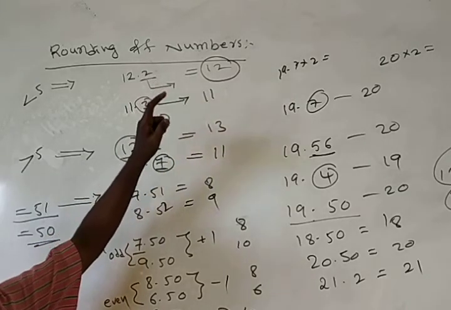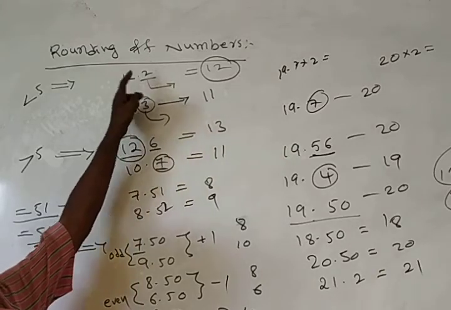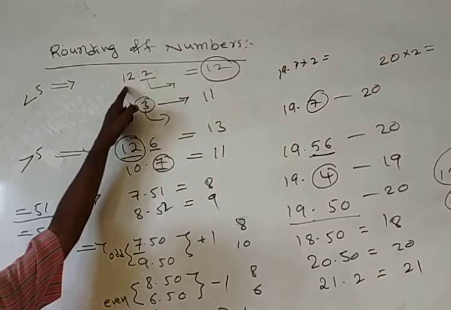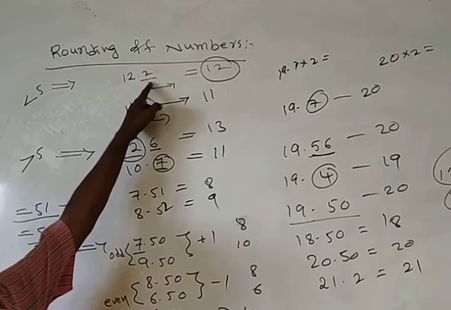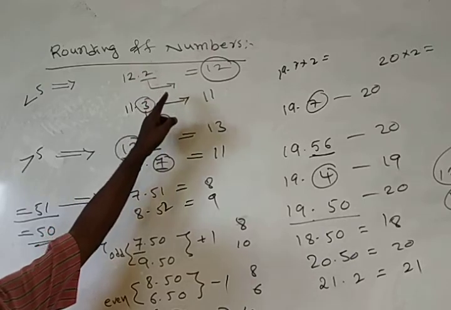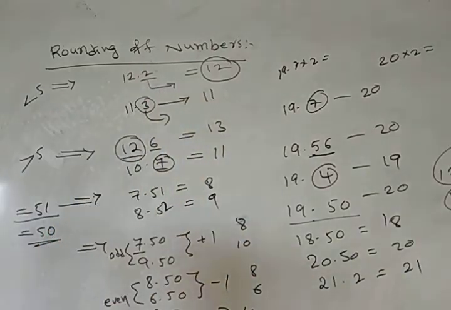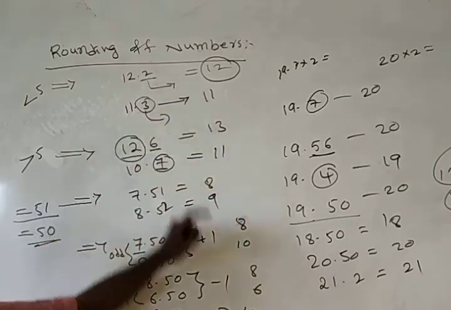What is the meaning of a dropped number? In 12.2, 12 is the exact number, and 2 is the dropped number. Less than 5, you drop that one and write only the number before the decimal.